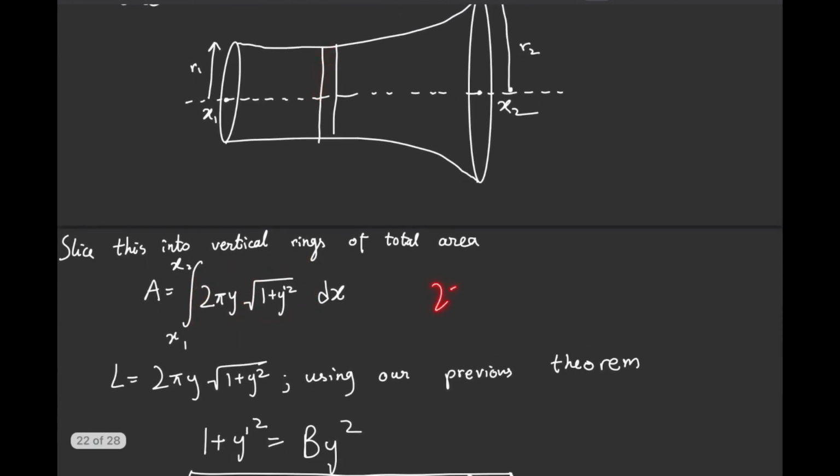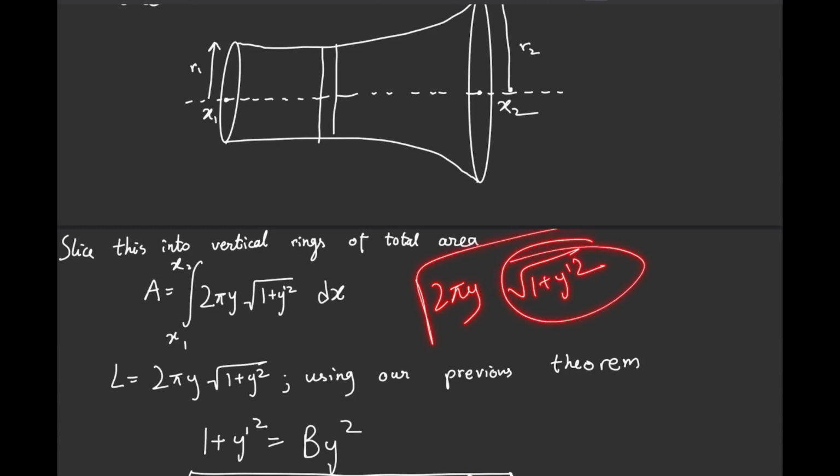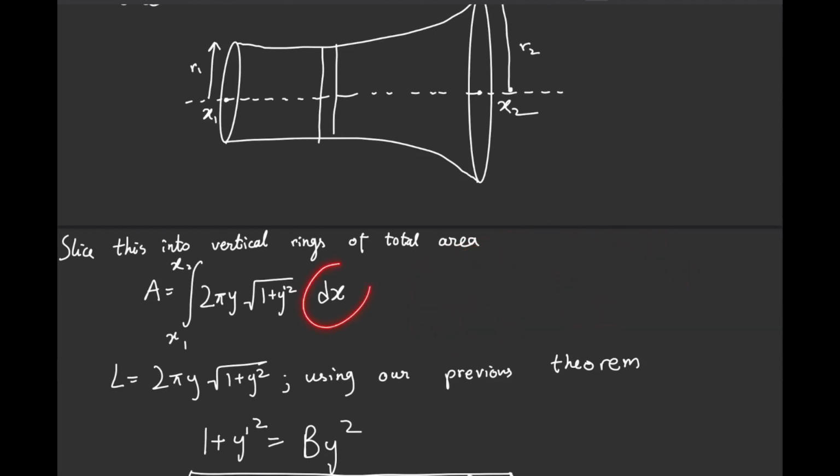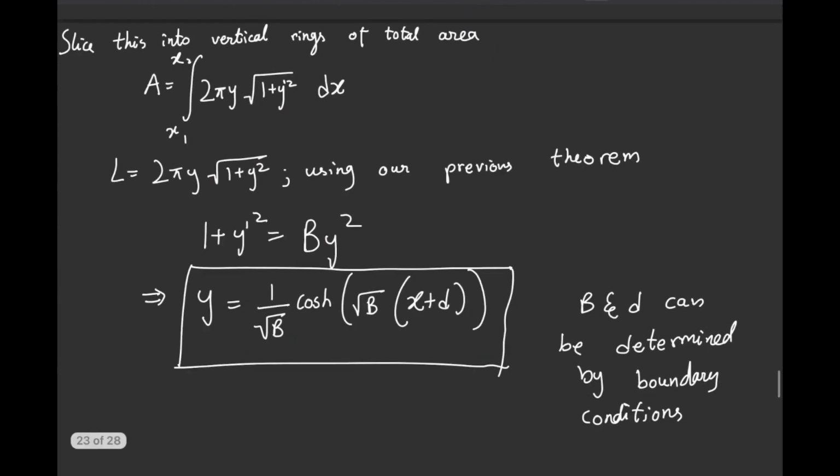So 2 pi y would be its circumference and root 1 plus y dash square would be the distance. So the total area would just be 2 pi y root 1 plus y dash square dx, and we define this to be the action. This would be our Lagrange.